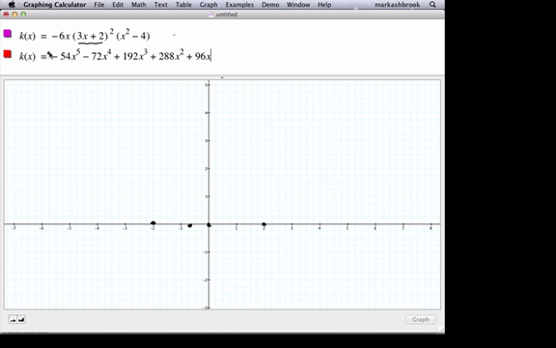Negative 54 x to the 5th. As x gets very, very large, does y get very, very large positive or negative? Very, very large negative. Okay? As x gets very, very large negative, will that term get very large positive or negative? Positive.